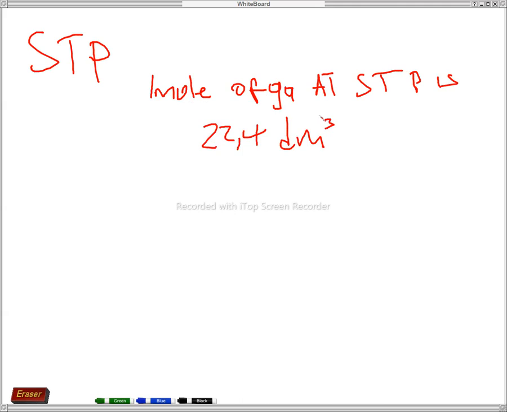This one is the basic that you must know about STP. You must know that 1 mole of a gas at STP is equal to 22.4 decimeter cube.